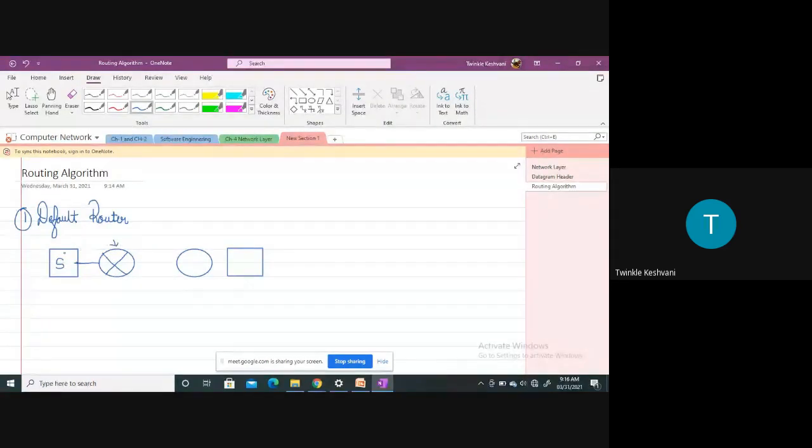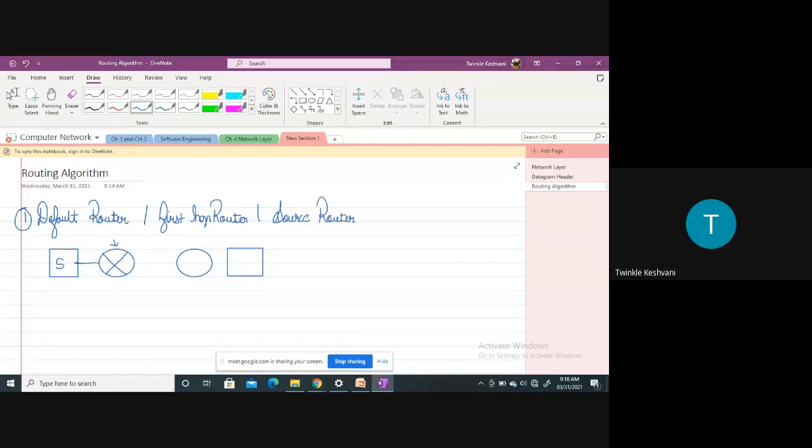That is, if the sender is sending some packet, then first of all the packet will go to the first router, that is, the one through which the sender is connected. So that router is referred to as a default router, or we can say it's a first hop router, or we can say the source router.